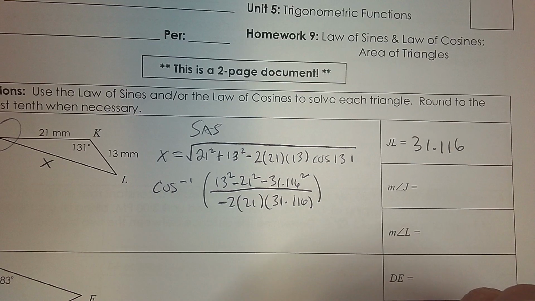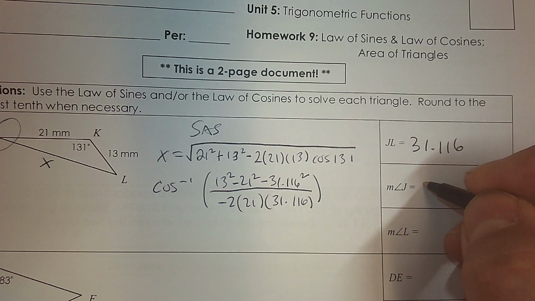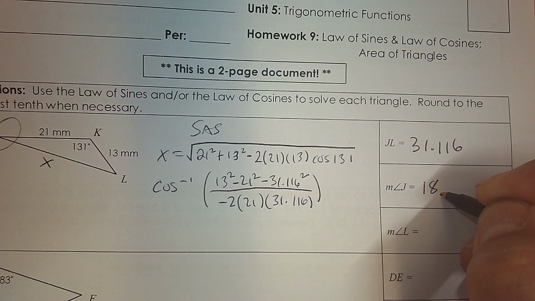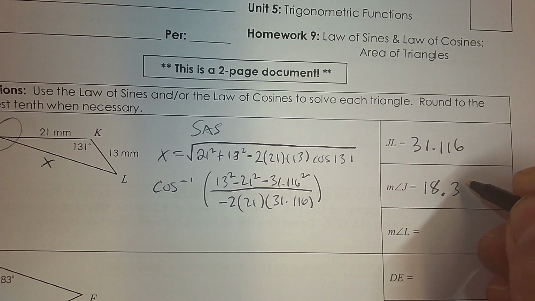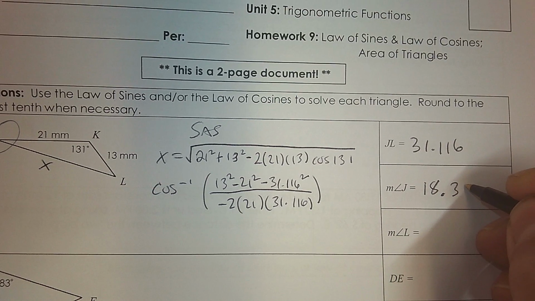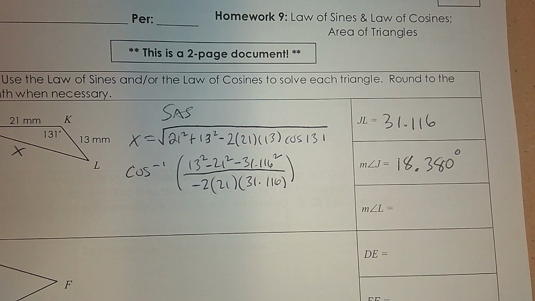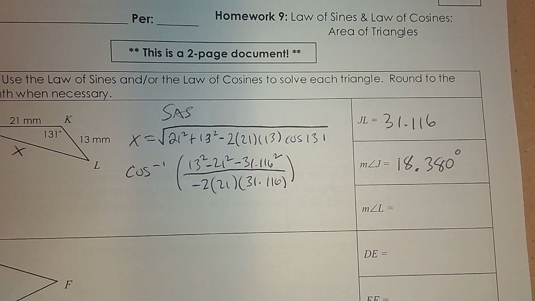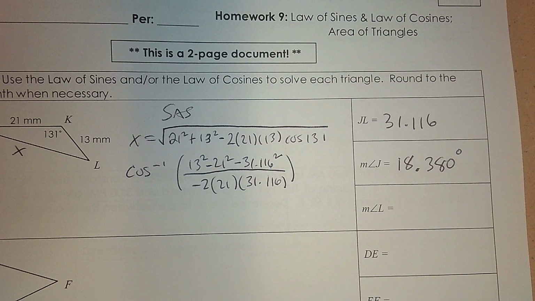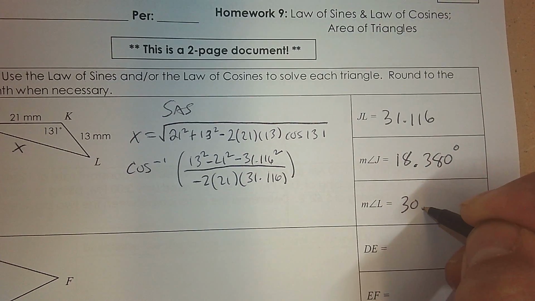Double check, make sure I typed it in right. I get angle J to be 18.379 or 380. To find the last angle, you just subtract from 180. So I'm going to go plus 131, subtract 180. What's left is 30.620.